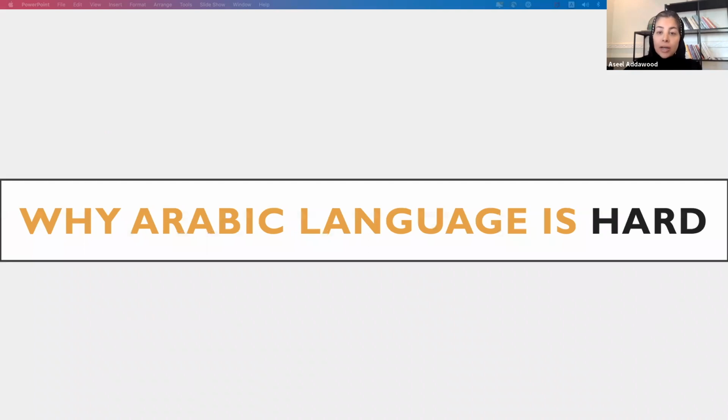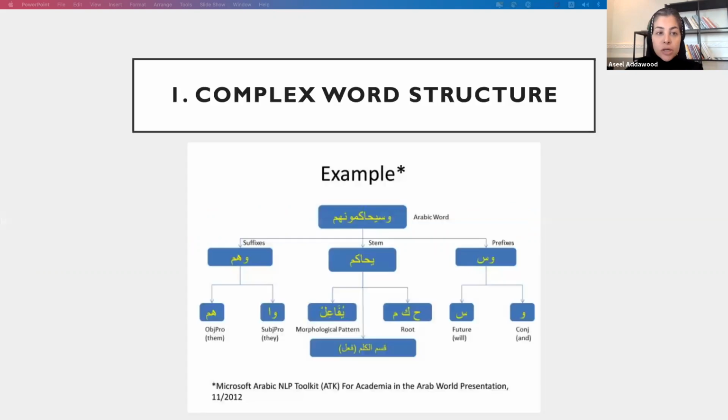So why is the Arabic language hard? I'm going to give some examples of issues that, beside the ambiguity we have in other languages, arise there. Also, there are specific challenges in the Arabic language itself. First, complex word structure. In Arabic, it's very complex. There are a lot of words that are very complex in structure.